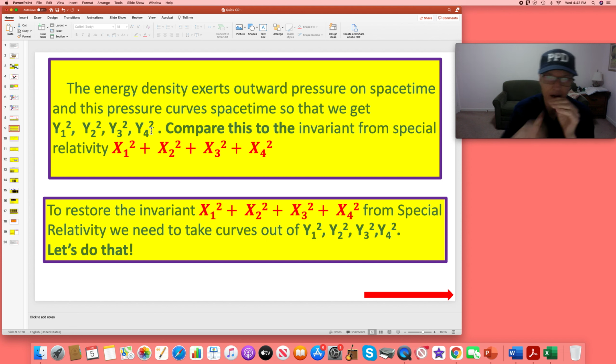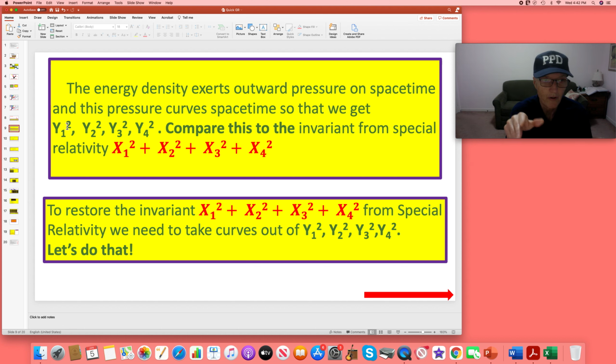So we're going to compare this to the invariant for special relativity, which is x1, x2, x3, x4. And I make them red, so you got the green one and you got the red one. I'm going to keep that throughout this presentation so you can tell when I'm talking about curved space and when I'm talking about more or less flat space, which is special relativity, and general relativity is an extension to curved space as well.